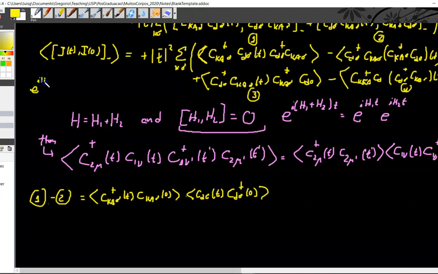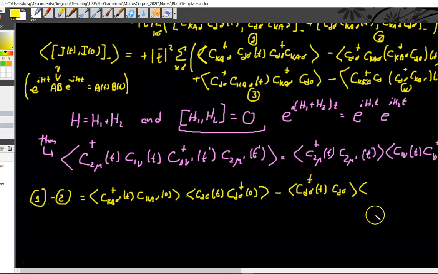Just to remember, for you to remember that if I have something like this, this is also equal to AB, BT, because I can always put a 1 here, right? Just to remind you. Then, okay, so this is 1, and then minus 2 would be CD sigma times T, CD sigma.